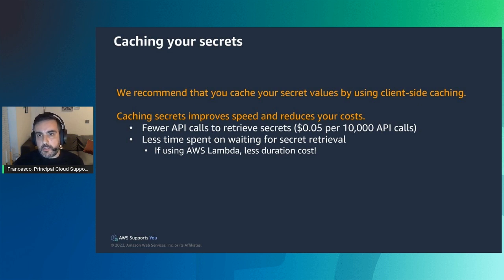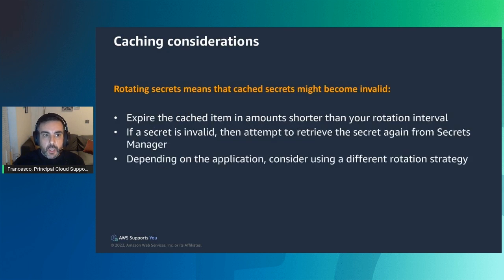Additionally, if you're using Lambda, then that also reduces the Lambda execution time. Depending on the size of the Lambda, the concurrency and the number of invocations you're having, that might add up to pretty sensible savings when you're reducing that time.